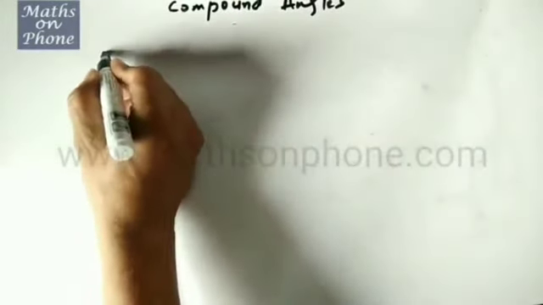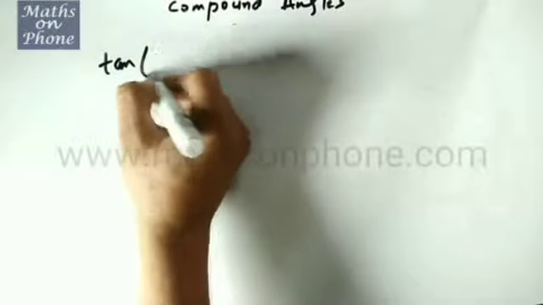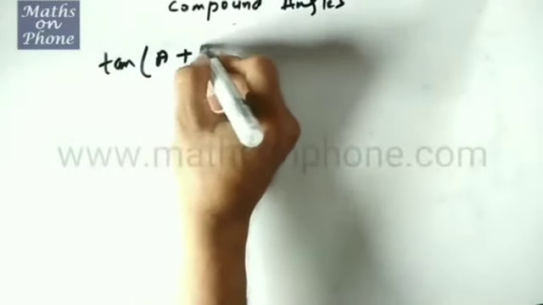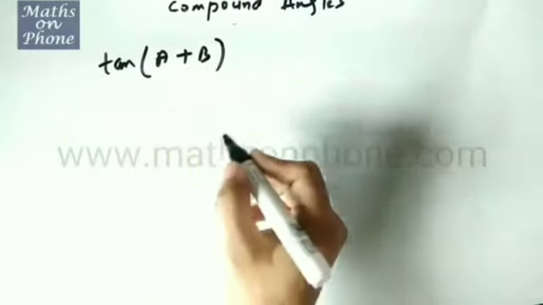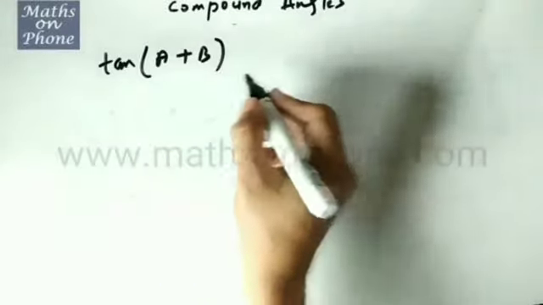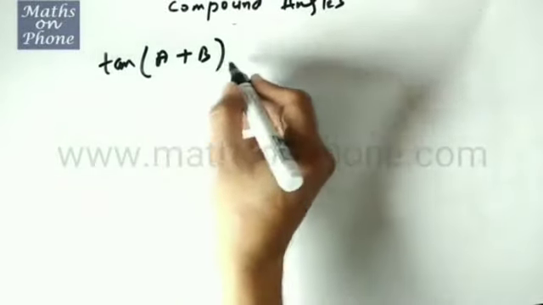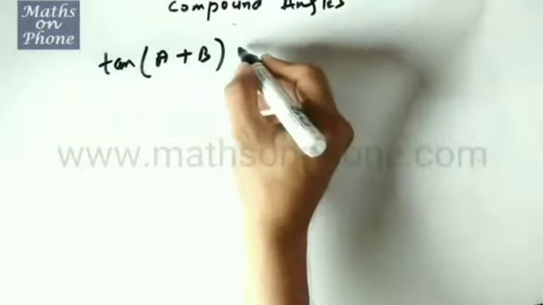Now see, I am writing the formula for tan. You can derive the formula of tan very easily with the help of sine and cos. Because tan theta is sin theta by cos theta, you can just write it as sin(A+B) by cos(A+B).